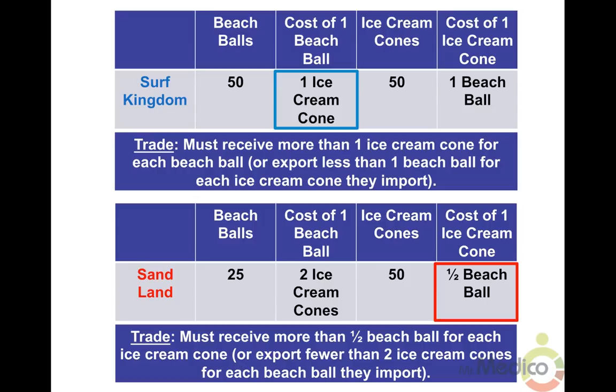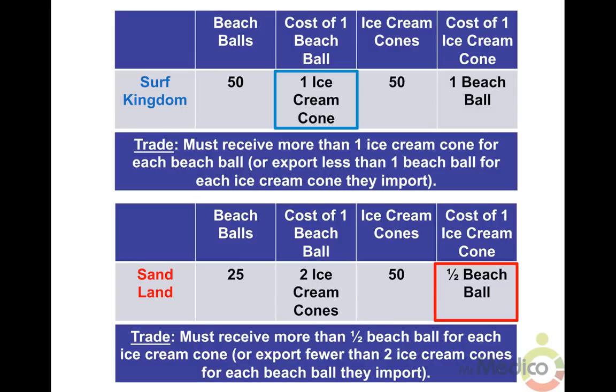In order for trade to be beneficial, Surf Kingdom would need to receive more than 1 ice cream cone for each beach ball per unit beach ball that it exports. On Sandland's side, Sandland has a smaller relative opportunity cost for ice cream cone production, so therefore, Sandland would export ice cream cones if they were to trade.